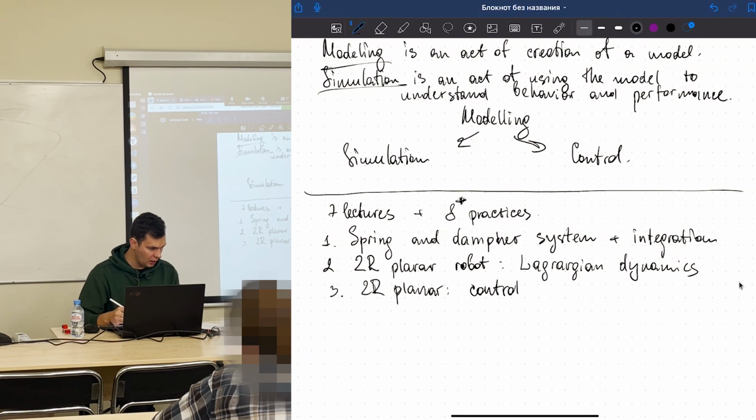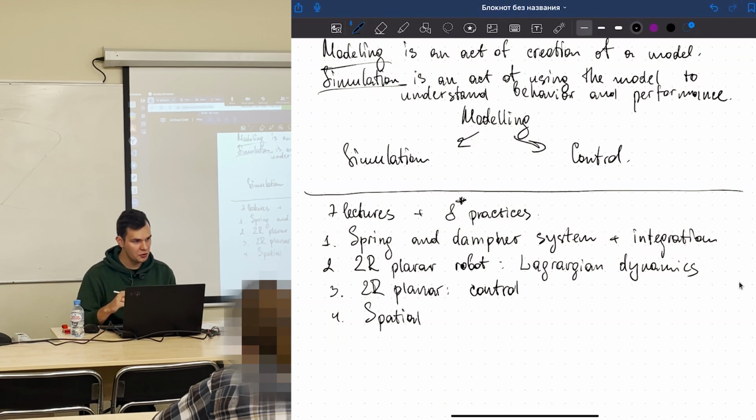Then we're going to talk about spatial motion. The 2R case is very simple, basic trigonometry, but we will catch all the ideas, and after that we talk about spatial, I mean 3D Euclidean motion, spatial motion.